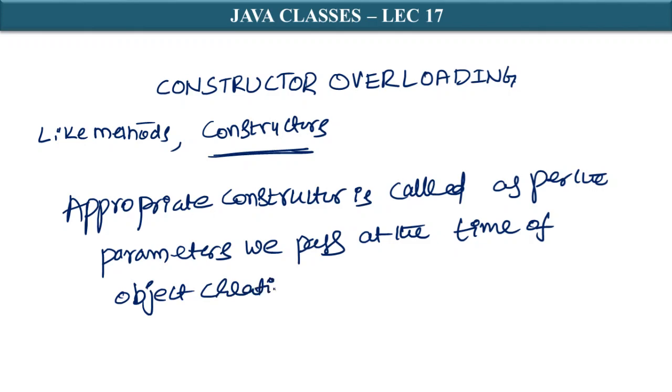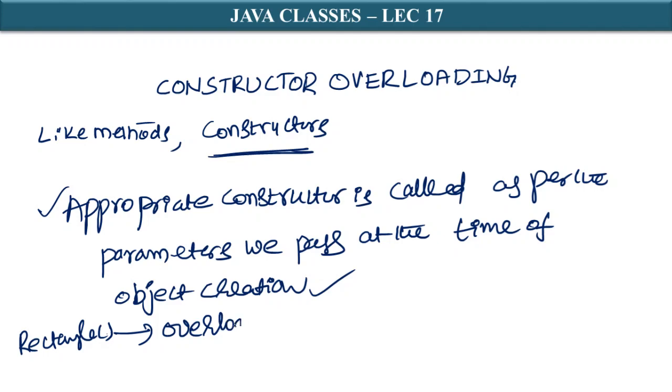We will try to understand this point while discussing the program. I will create a constructor with the name Rectangle, and it will be overloaded. In my previous lecture, we created a method void test, which was overloaded.